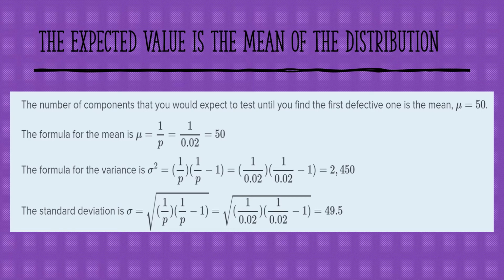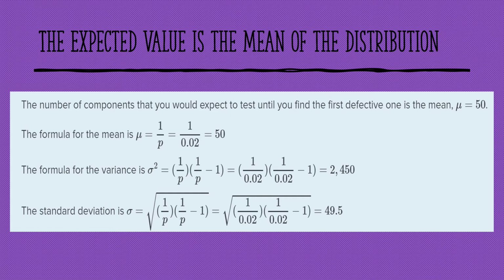So we are also trying to find the expected value. You know that the expected value is nothing but the mean, and the expected value is 1 over p. So 1 over p is 1 over 0.02, which gives you 50. So you have to test at least 50 items.